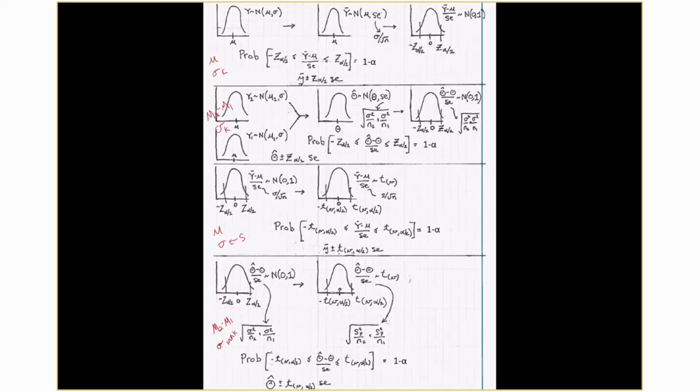So those are our 4 scenarios, and we're going to begin with the first one, a situation in which we're trying to put a 95% confidence interval on the population mean, our estimate of the population mean, when the population standard deviation is assumed to be known. So we're going to start here, and we're going to assume that our underlying population is normally distributed with some mean mu and some standard deviation sigma.